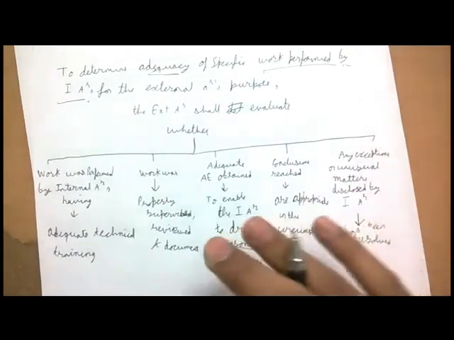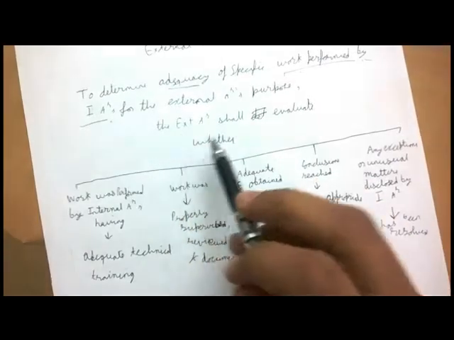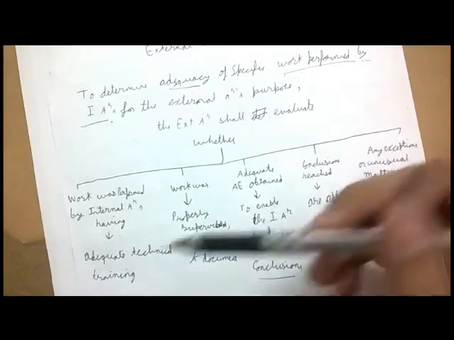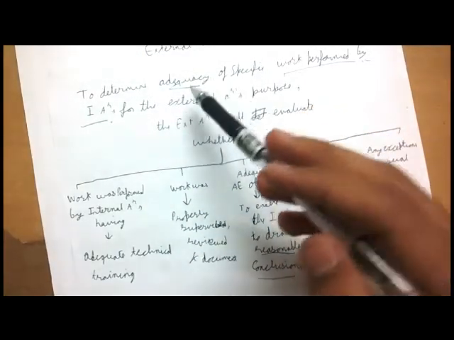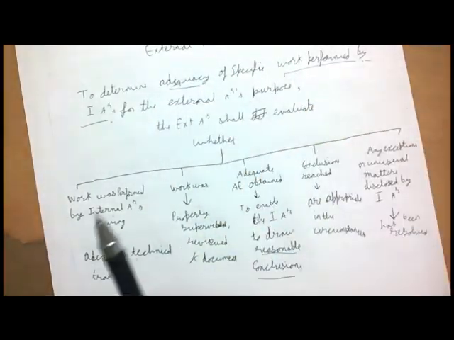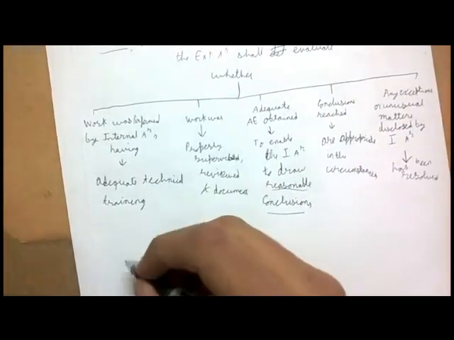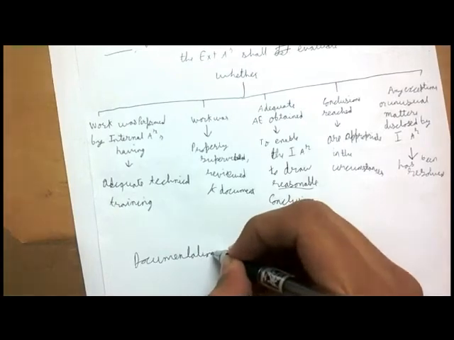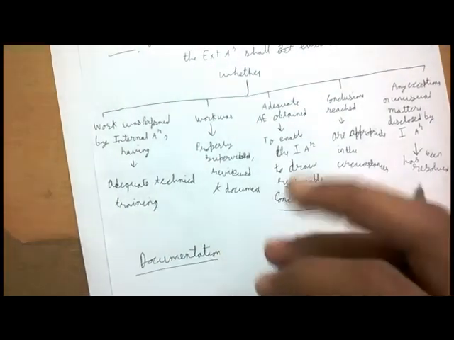There are some small points which the external auditor has to evaluate. These 5 things. If he has evaluated and the answer is favorable, then we can say that the specific work is adequate. Now, coming on to the documentation part, that is what we are going to document. I've already told you about this. The first thing which we had to document was the adequacy.